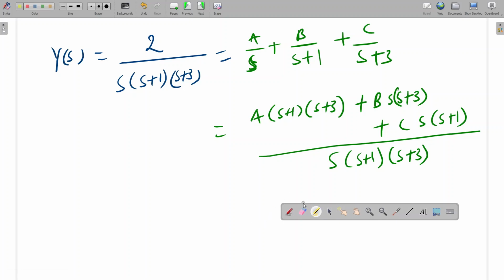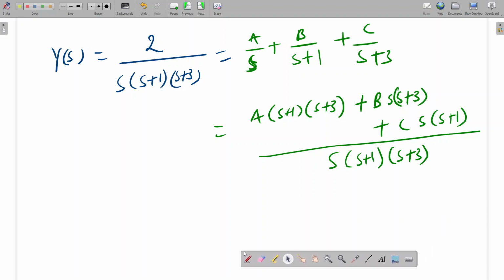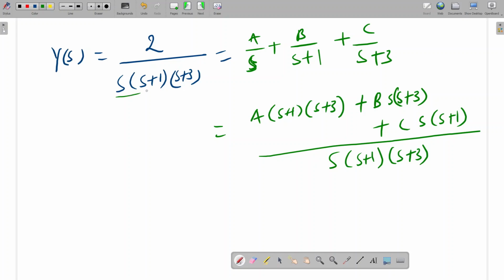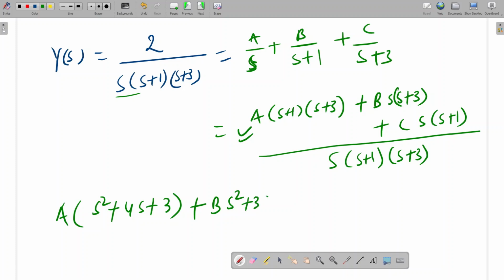The denominators are the same and will be cancelled, so we equate the numerators. So A into s squared plus 4s plus 3, plus B into s squared plus 3s, plus C into s squared plus s.